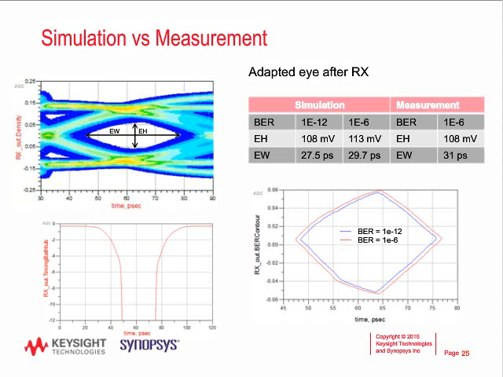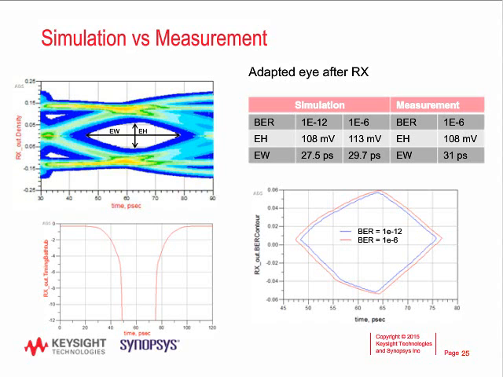What you can also see at the bottom right of the screen is the contours for the eye at both BER of 10 to the minus 6 and BER of 10 to the minus 12. This is important because we want to make sure that our model will perform at the PCI 4 specs BER required.